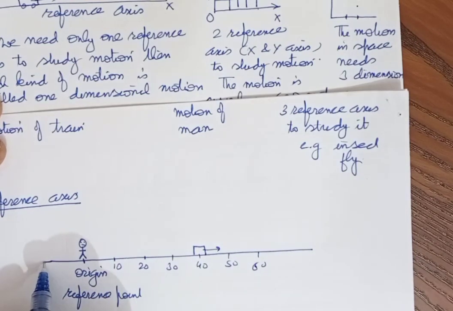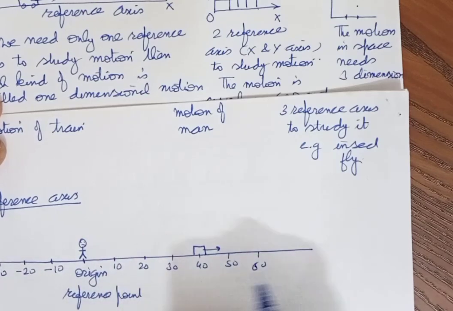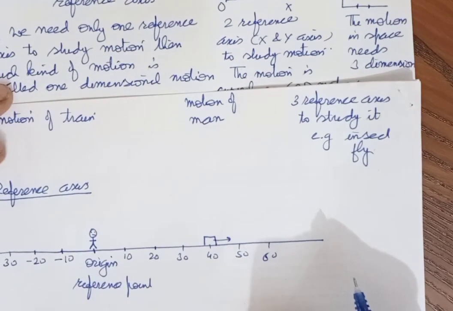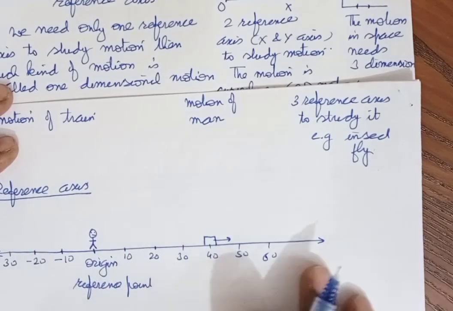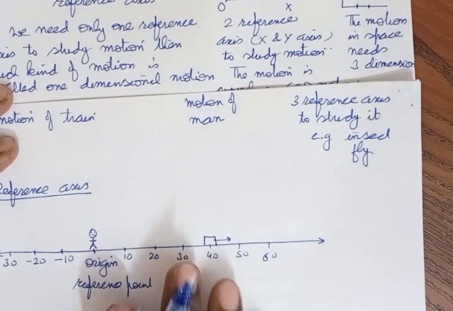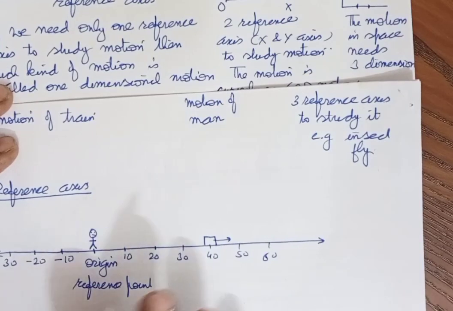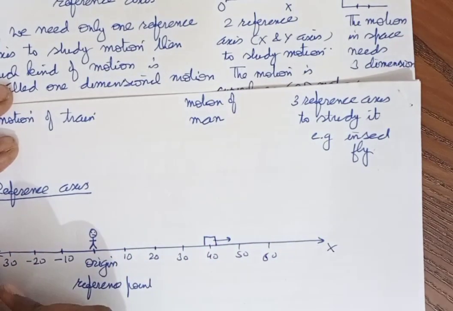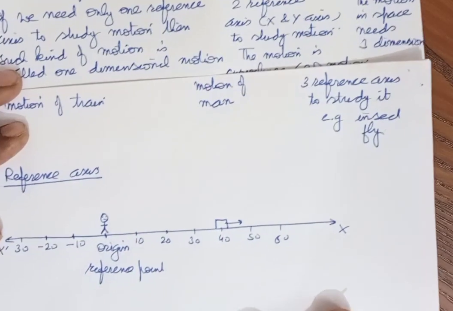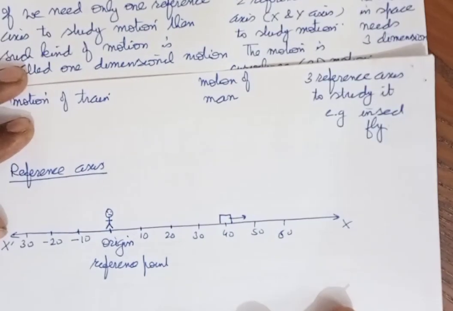From observer to its left, there are the distances which are taken as negative. However, towards right side of the observer, the distances are taken as positive. So the axis along which distance is measured is called reference axis. This axis, here it is x axis. First we will take x axis. If second axis is needed, then we will take y axis.